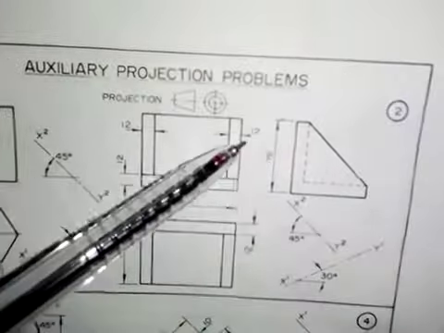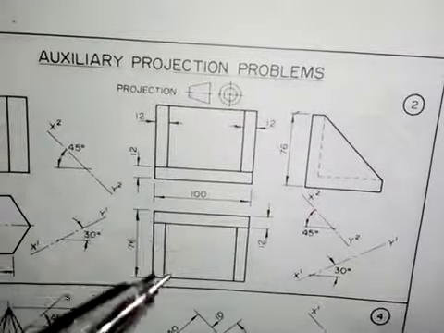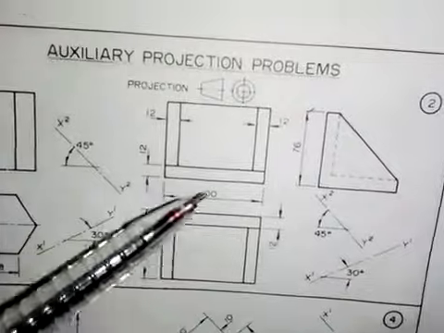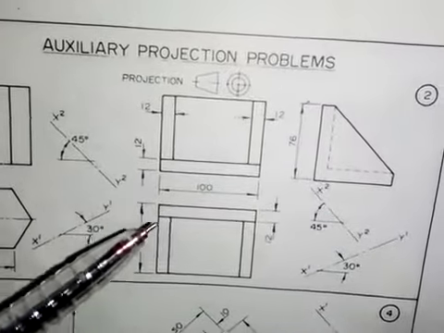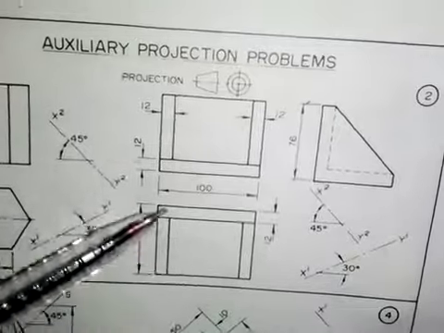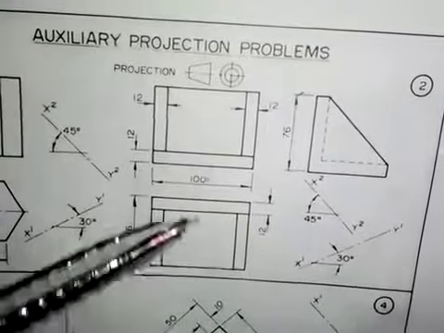That is, replicate the front elevation and the plan with the given dimensions. But in this case, I'm using half of the given dimensions, that means I'm dividing them by 2.